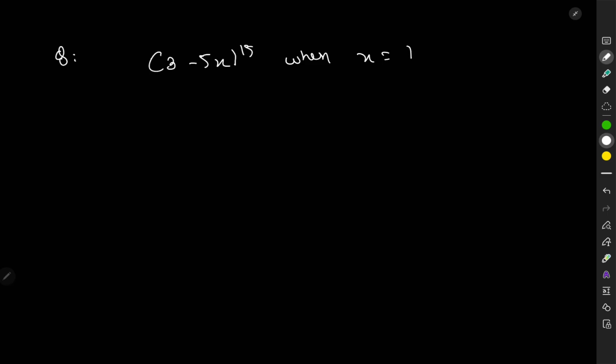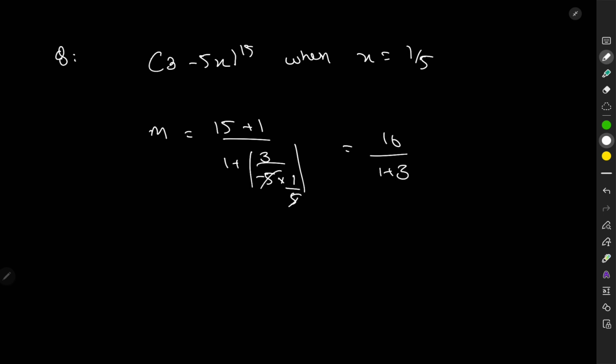Okay, so (15 plus 1) by (1 plus 3 by 5x), right? So x here is 1 by 5, 5 will get cancelled, and I'll get like (16 plus 1) by 3, which is equal to 4. Fine.